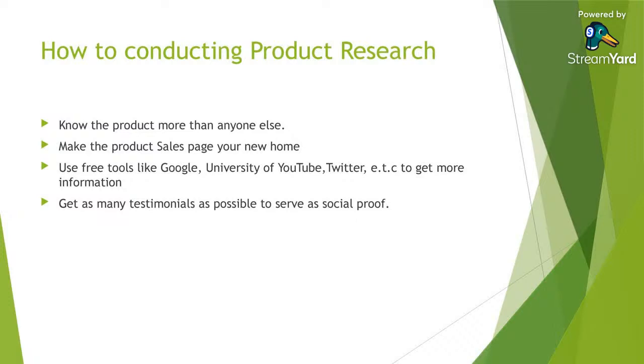So on this slide, I mentioned how to conduct product research properly. I identified them here, and I want to walk you through the process. The first thing you need to do is, like I said, you have to know your product more than anybody else would. That is a no-brainer. You have to know about your product.